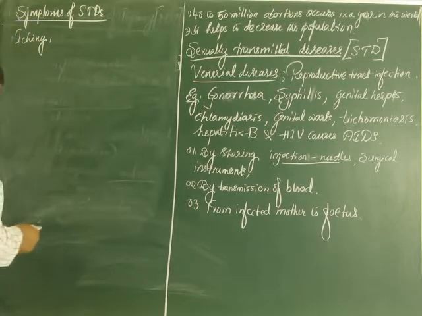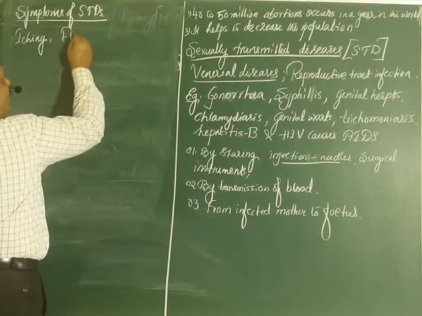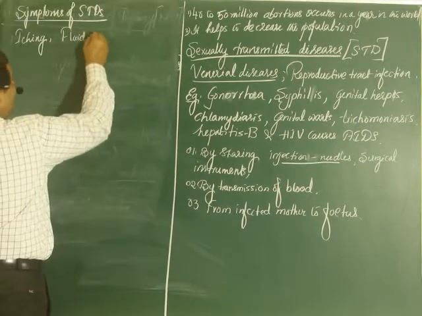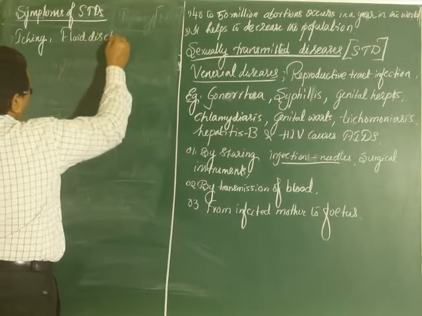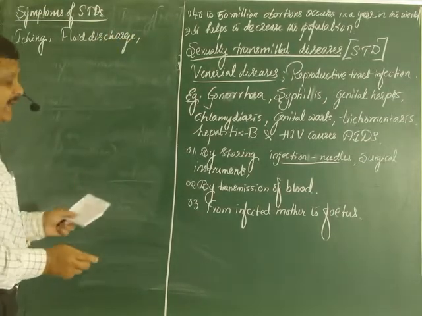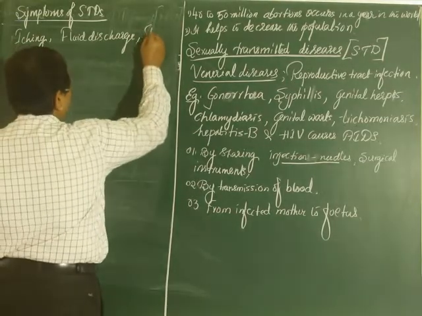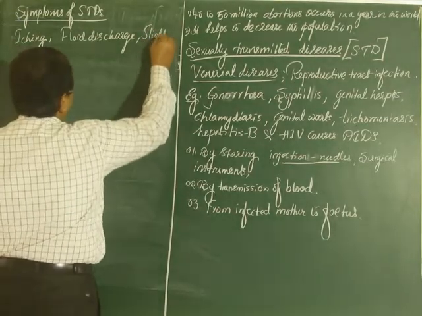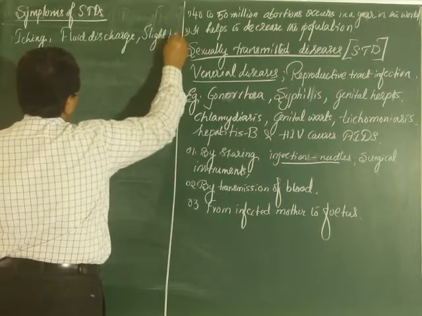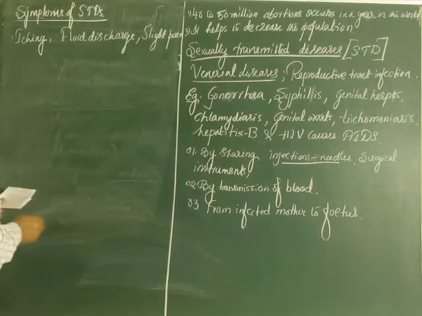Itching will be there in almost all the cases. Fluid discharge, yellow fluid. That is pus. That is due to the fighting of pathogen and our WBC. Slight pain will be there. Swelling of blood vessels. Slight pain. It is due to swelling of the blood vessels in the region of itching.